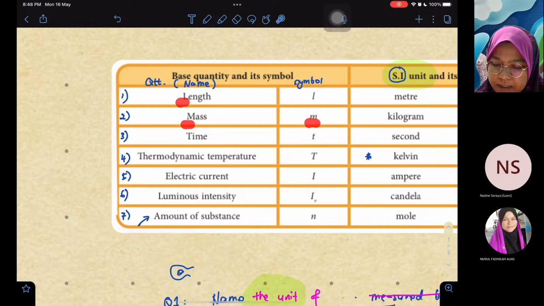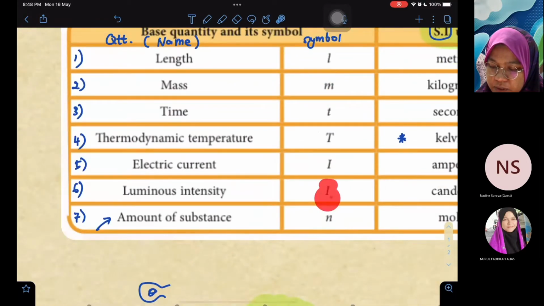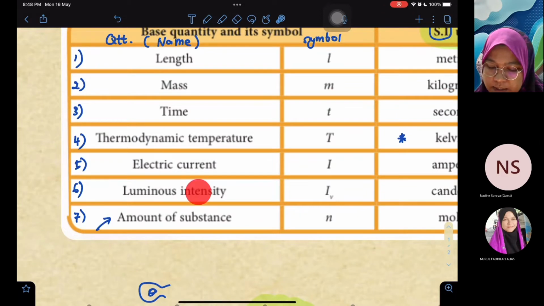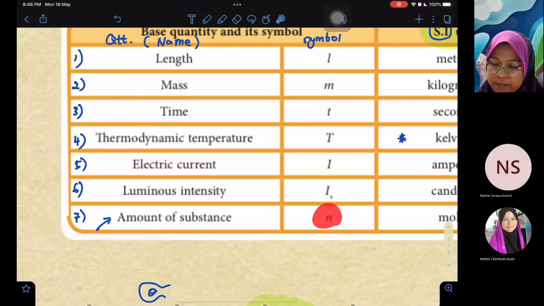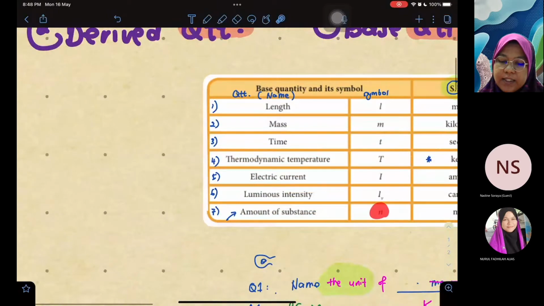Length, M, mass, time. Tapi selalunya kita guna small letter, and then capital letter T for temperature. Current kita guna I sahaja. Luminous intensity ni kita guna I juga, tapi bila dia jadi intensity, we have subscript V. Yang ni dalam chemistry.